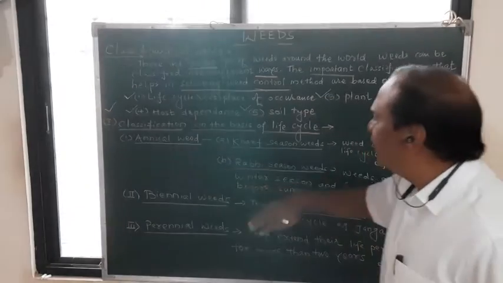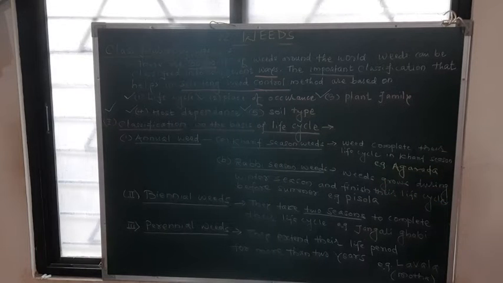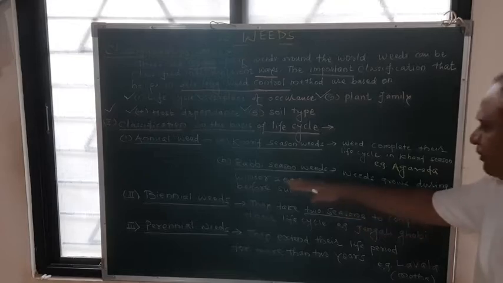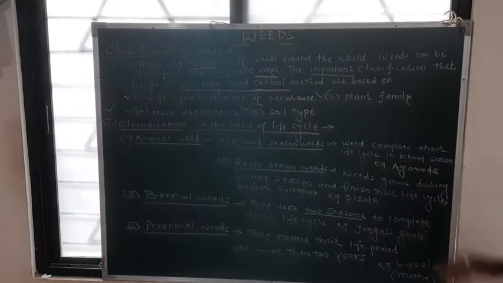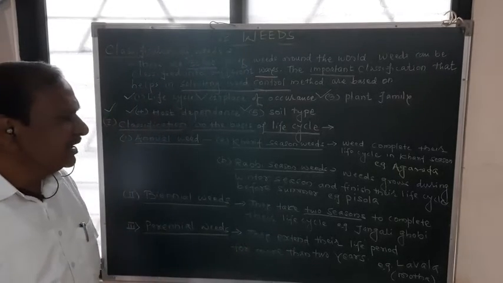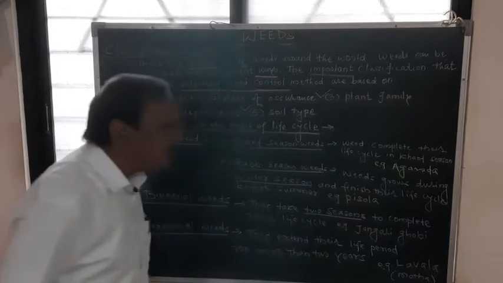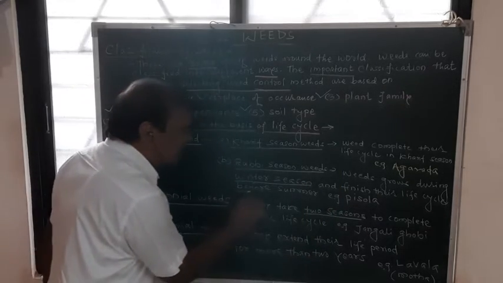Annual weed, in Kharif season, completes its life cycle in Kharif season only. For example, agara. Then in Rabi season, weeds grow during the winter season. They start their life cycle in winter season and finish their life cycle before summer.